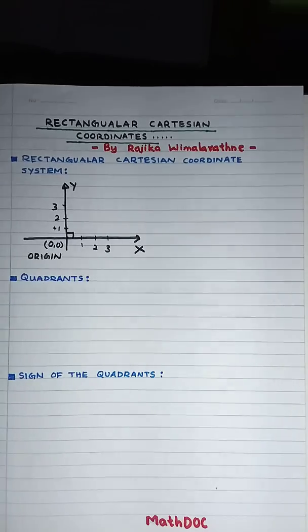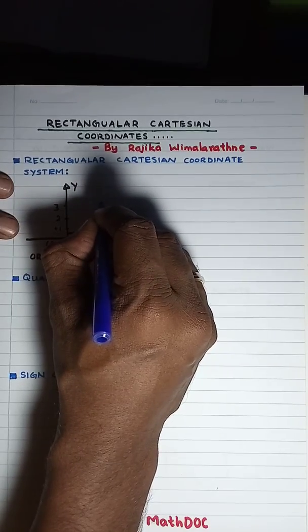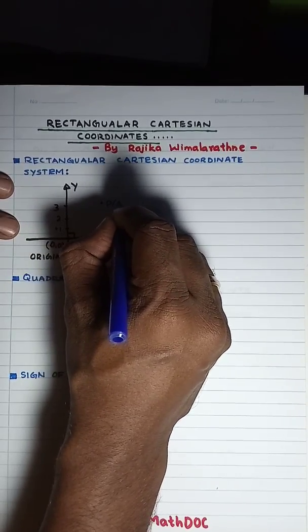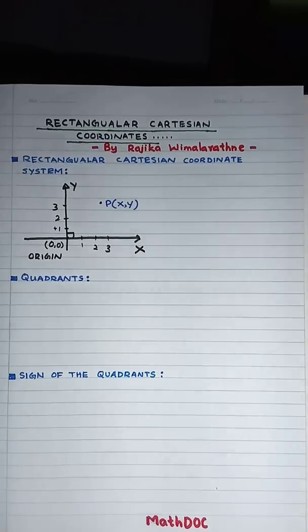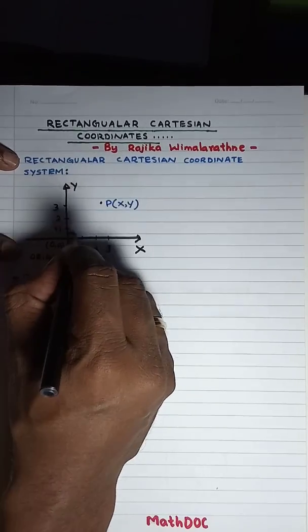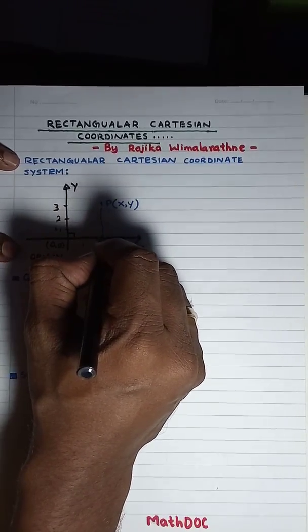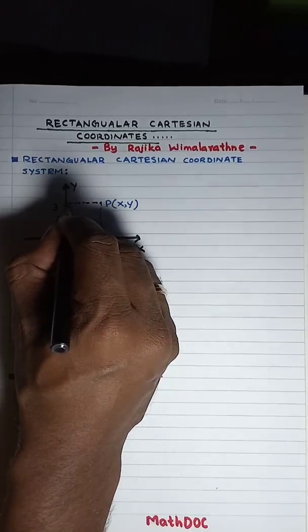When you consider a point on this plane, which we call the Cartesian plane, let's say point P with coordinates x comma y, then the horizontal displacement from the origin we call x and the vertical displacement we call y.